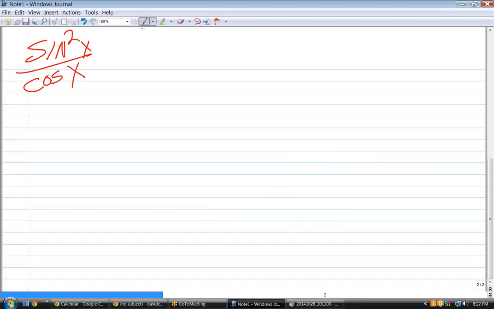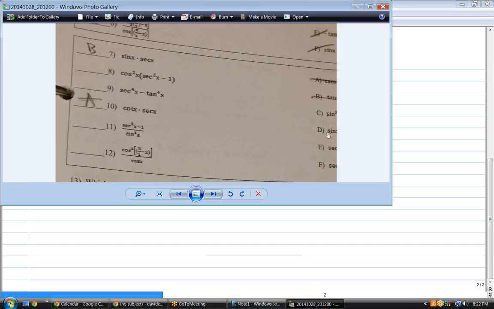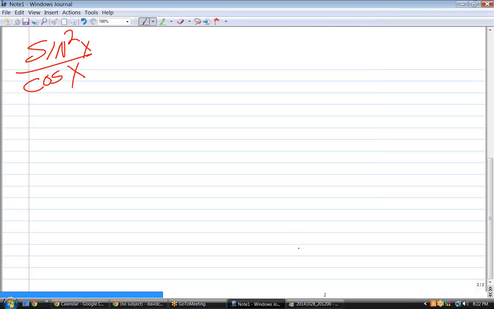Anything? Well, part of it depends on what's over there, and I'm blocked from seeing the right-hand side of that. The final answer we have is sine x times tangent x. That's the only thing left? Yeah. Sine x times tangent x.